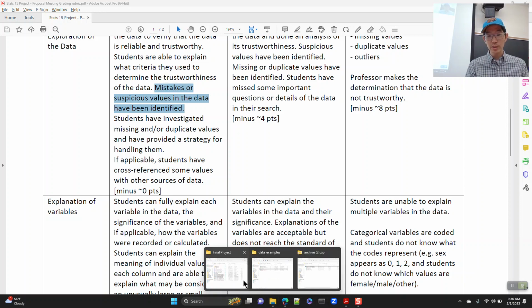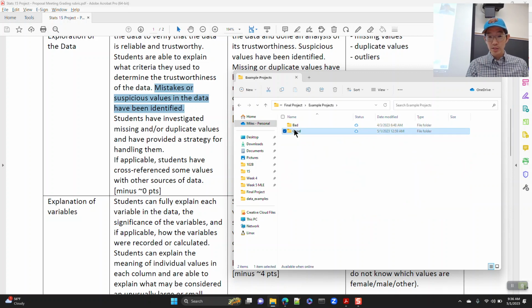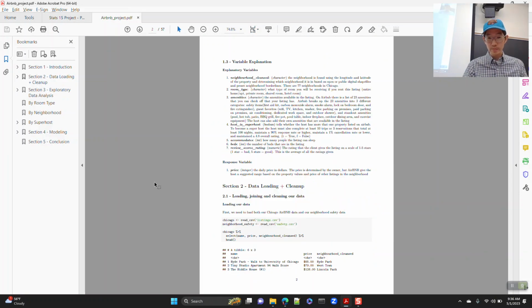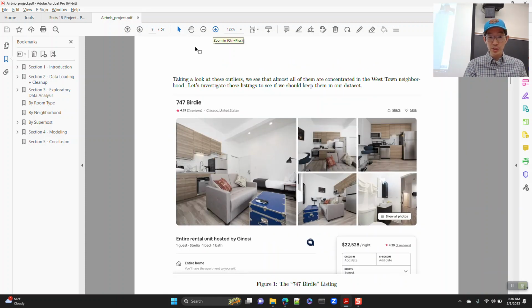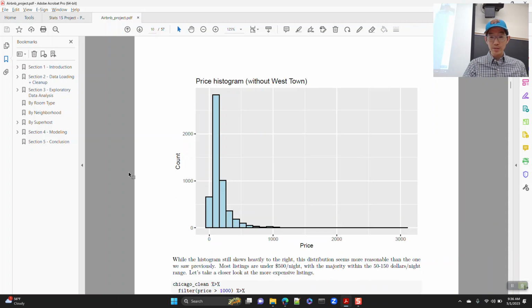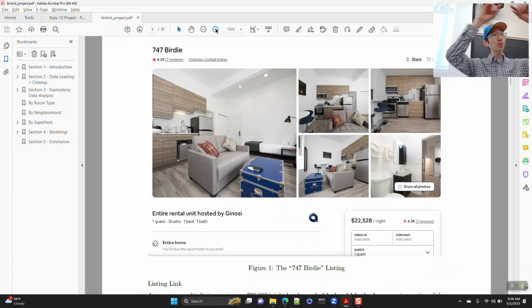This is one thing that I highlighted in the example projects. For the Airbnb project, they came across some suspicious entries. This was an Airbnb that was listed for $22,528. This was a row that appeared in their data set, and they took the time to go through it, or at least sort it and ask, what are some of these really high values?